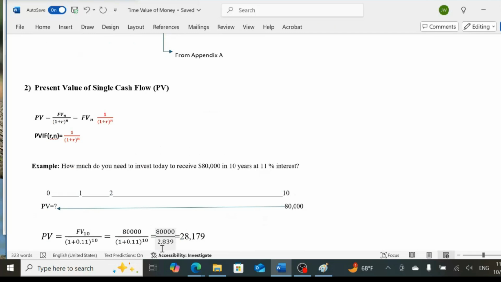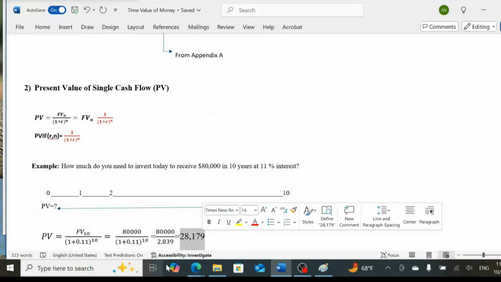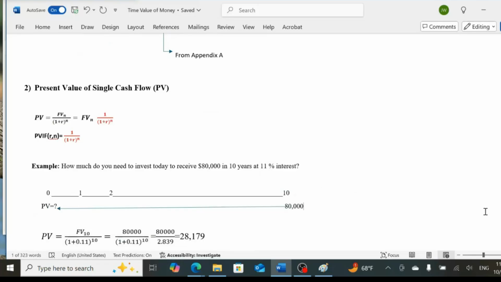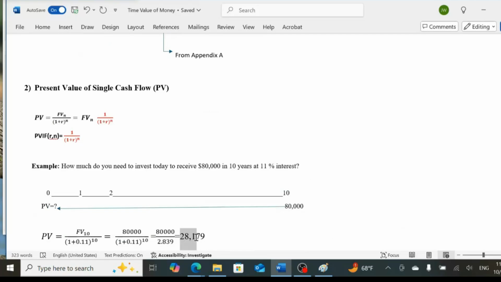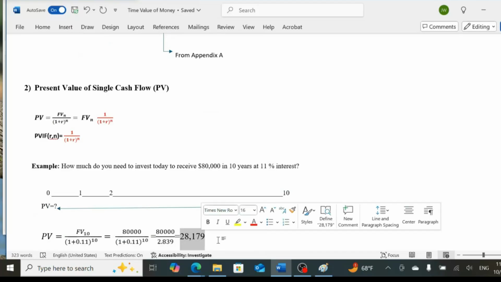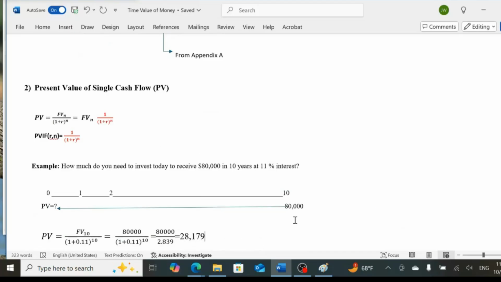So 80,000 divided by 2.839 is 28,179. So you only need to prepare this much. If you deposit this amount in your bank, assuming you can earn 11%, after 10 years it will grow to 80,000. So this is the present value of 80,000 in 10 years. The two have equal value. You prepare 28,179 today, and it will have 80,000 waiting for you in 10 years.